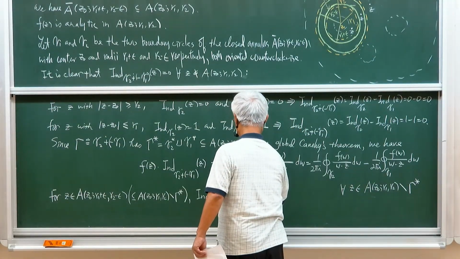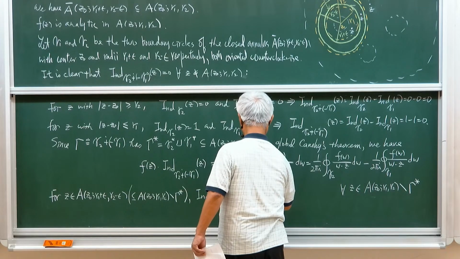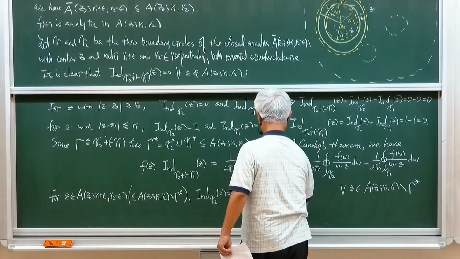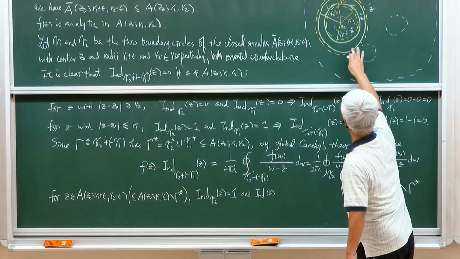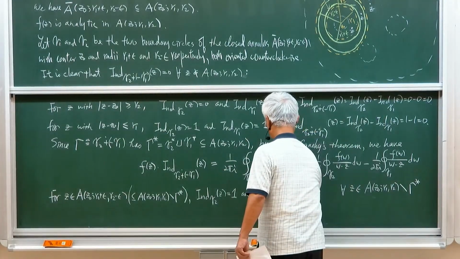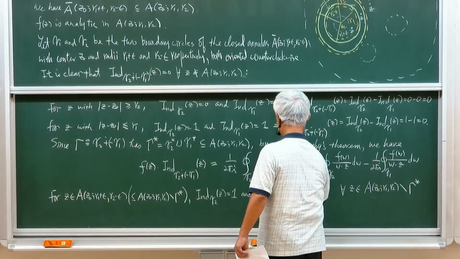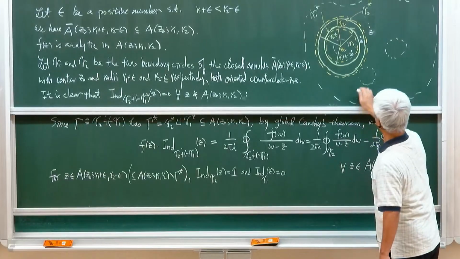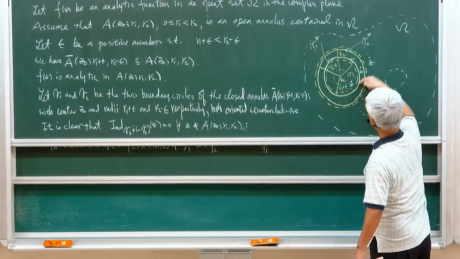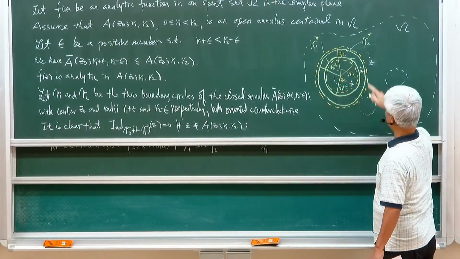And the index of such a z with respect to gamma 1 is still 0, because the inner circle does not enclose z here.